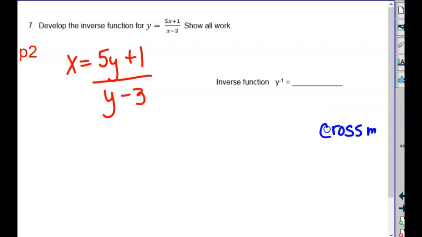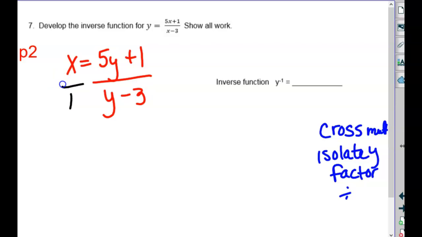You have to cross multiply, isolate y so that we can factor, and then at the end we end up dividing. Does anybody remember those steps?